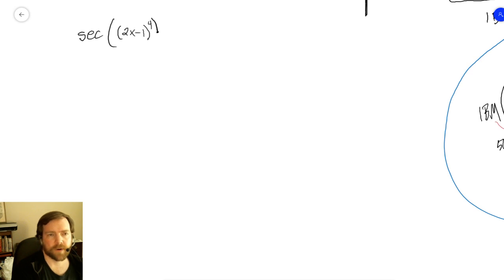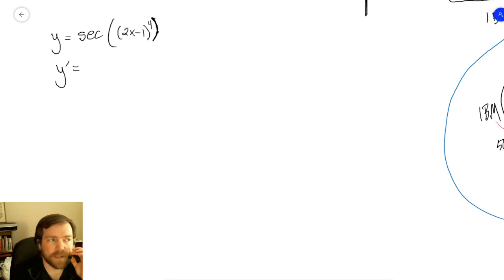Actually, we didn't do product rule yet, so we'll keep it like that. So if this is your y, so y equals the secant of 2x minus 1 parentheses to the fourth power, and you want to take the derivative of this thing.